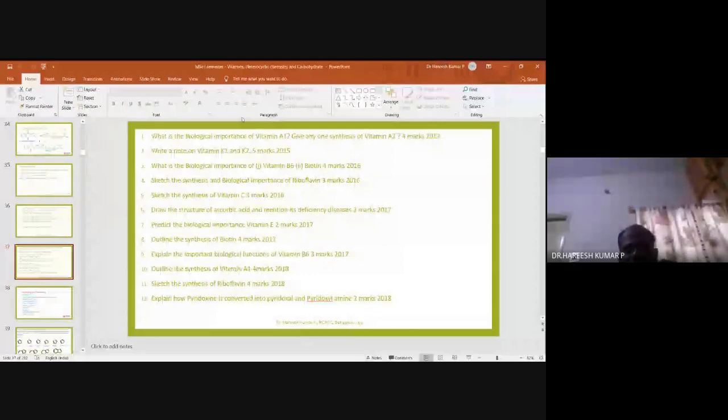What is the biological importance of vitamin A1? For the vision, biological importance of vitamin A1 means you have to write the vision mechanism. I think you know that the retina of the eye contains rod cells and cone cells. Cone cells are responsible for vision in color or bright light. Rod cells are responsible for vision in dim light.